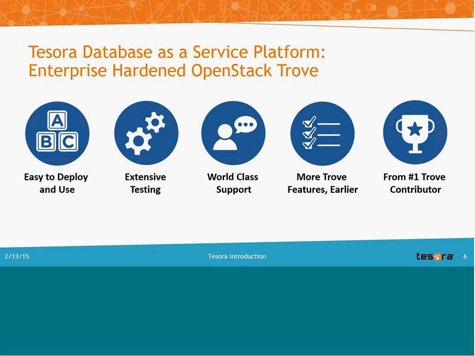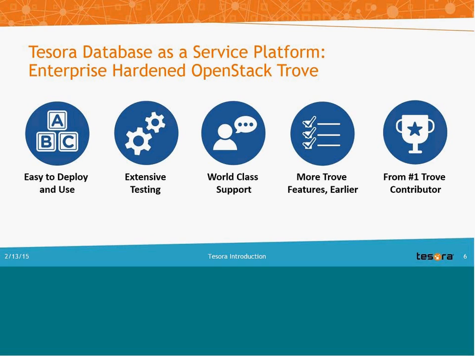One important feature that distinguishes Tesora from anyone else is the ability to get more Trove features earlier. So we made a decision earlier to backport the latest Trove features to previous versions. Regardless of the version that you have on Blue Box, the latest version of Trove that's coming out in summer is Kilo.